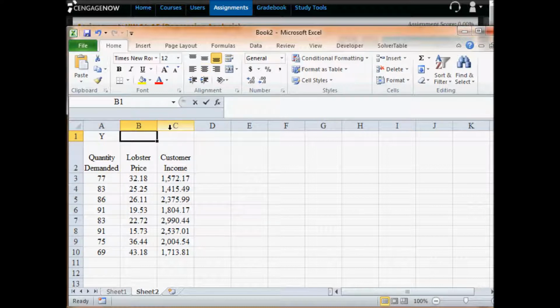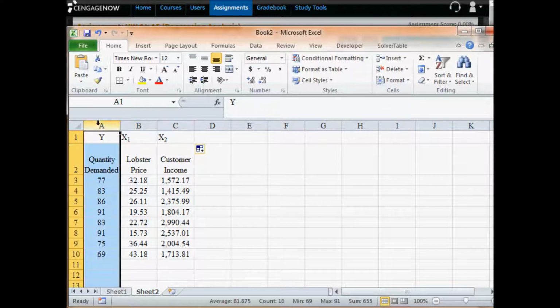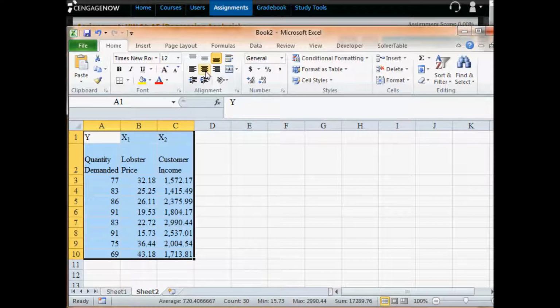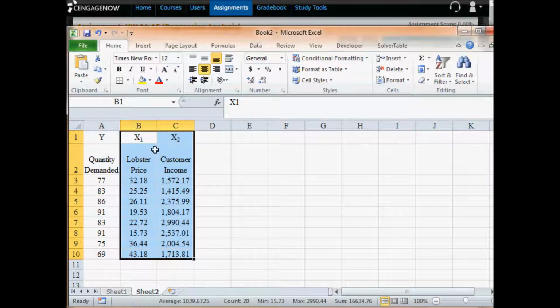It depends on the price, which is variable x1, and customer income. So we have multiple regression because we have two x variables. And we use these two x variables, which is our model, to predict the quantity that our customers are going to consume.